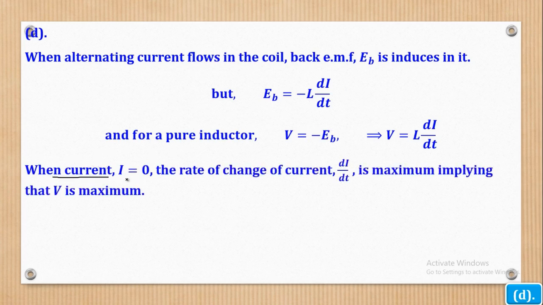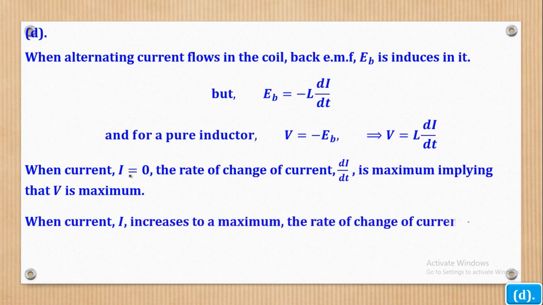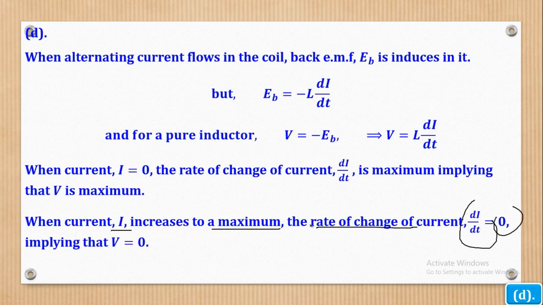So when current is 0, the rate of change of current di/dt will be maximum, implying that V is maximum. And when current I increases to a maximum, the rate of change of current di/dt is equal to 0, implying that V is also 0.